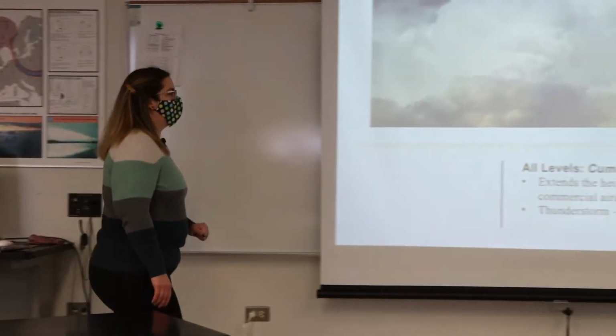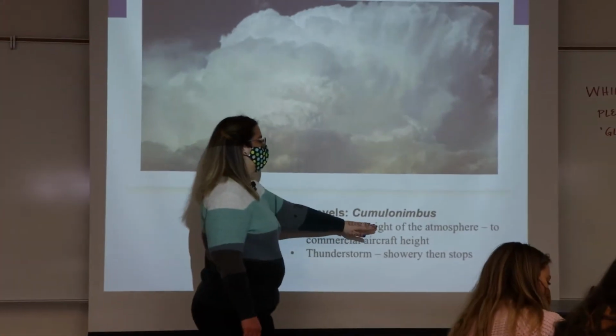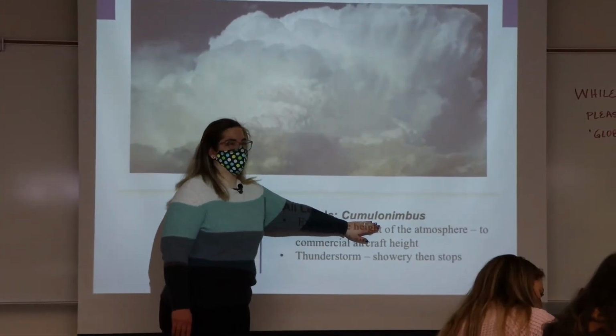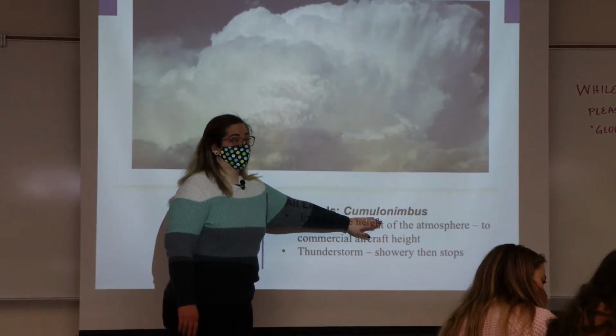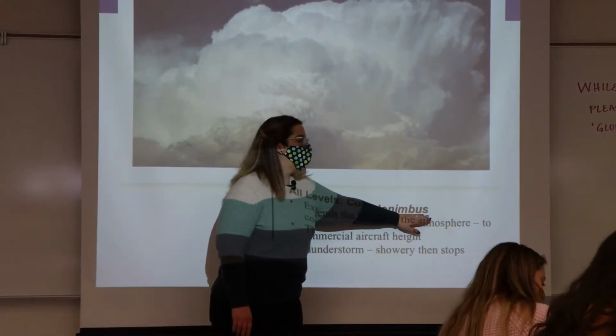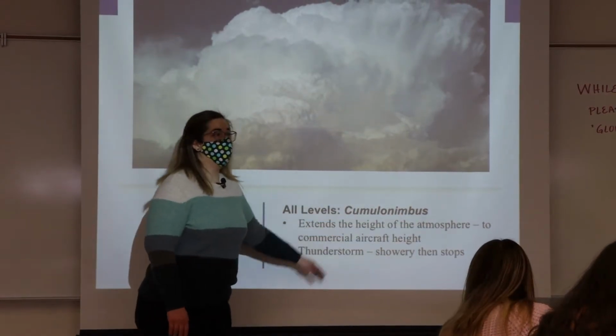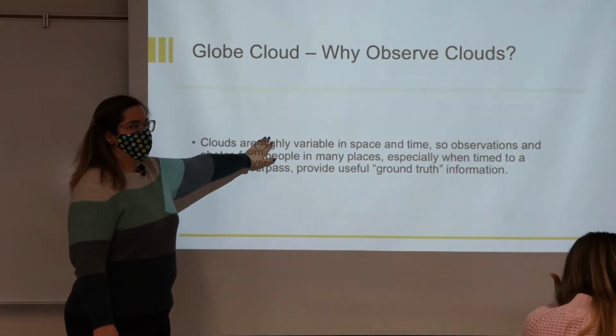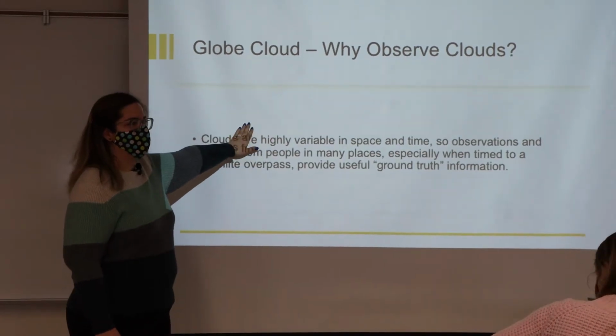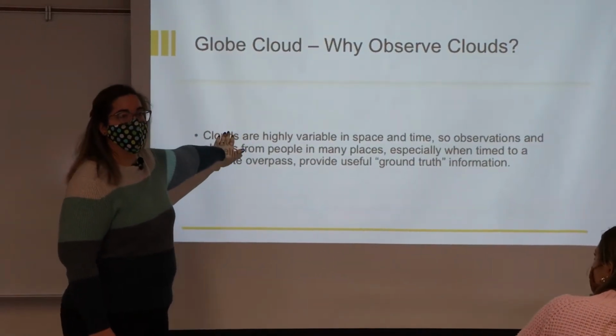We've got everyone's favorite. Cumulo means what? Heap or pile. Nimbus is rain, rainy heap or pile. What we see when we look at like Google Earth and things like that, we see pictures of clouds from where?